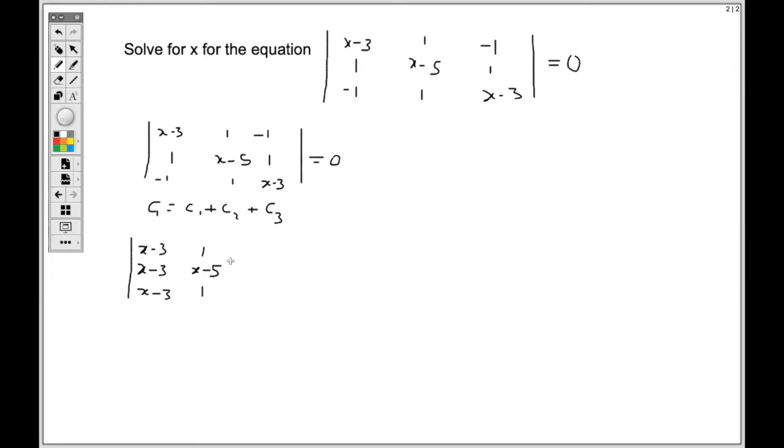If you had added the rows, then you would have the same x minus 3 in the first row, and you would factor out x minus 3 in the first row. So factoring out this x minus 3 in column 1, just as before, column 1 will be all 1s. So factor out x minus 3.